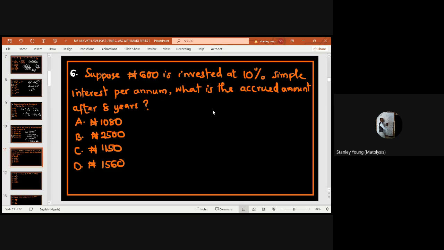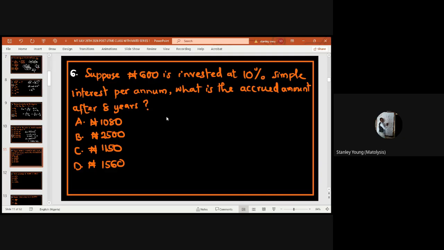You go into a business, you put in a certain money, you earn interest. But now you're using both the principal and the interest to do business for the next year at the same rate. That's compound interest. Simple interest, you are only getting the interest on the initial principal, in this case, which is 600.